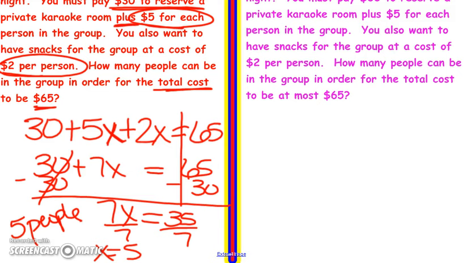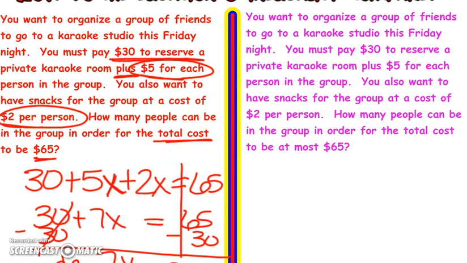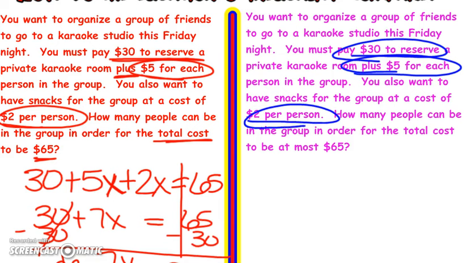Now, let's talk about the inequality. Same information, $30 to reserve plus $5 for each plus $2 per each. But it says for the total cost to be at most $65. At most means it can cost $59, but it can't cost $66.